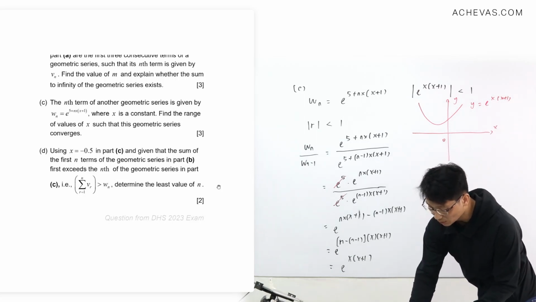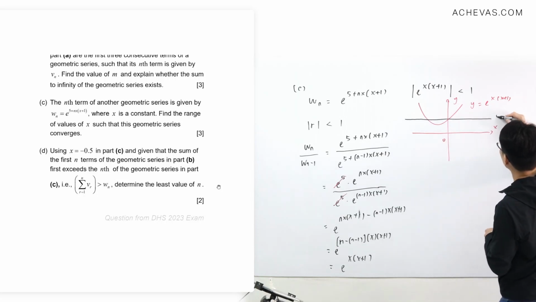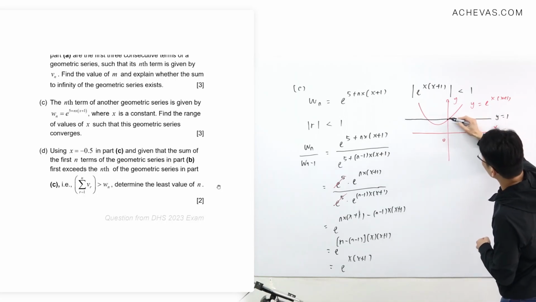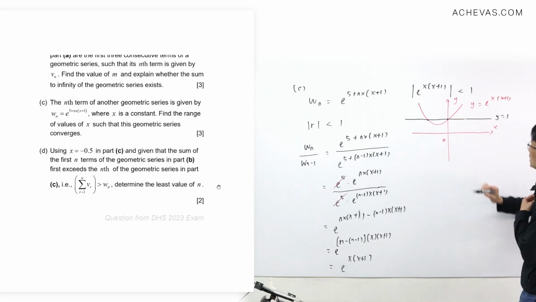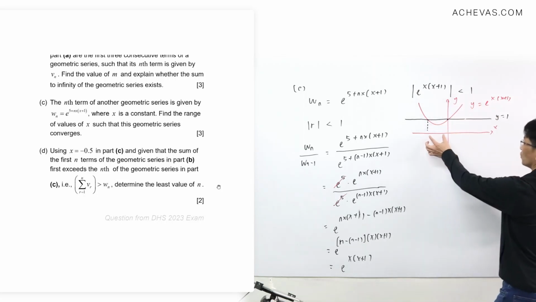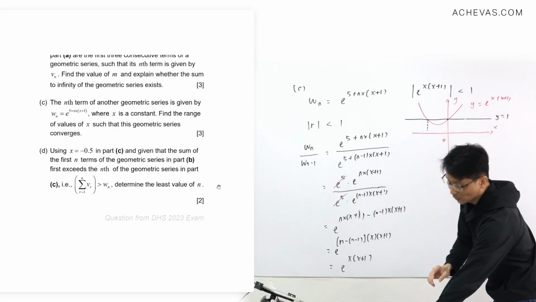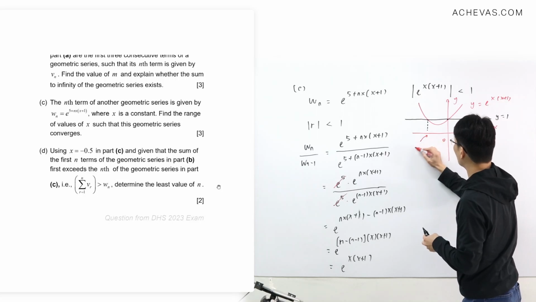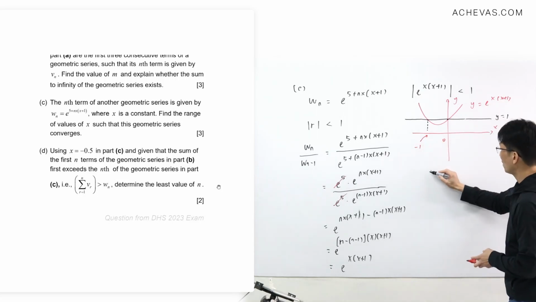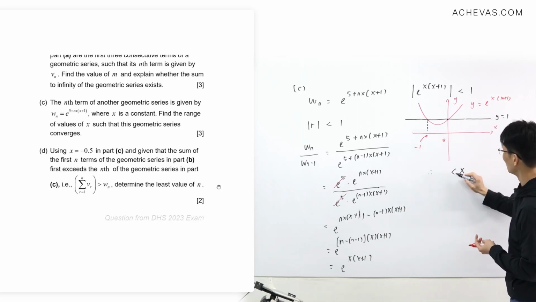And the line y equal to 1 will cut across this portion here. If I want this to be less than 1, that means this is the region that I'm interested in. And from our GC, I can find that this value here will just give me x equal to minus 1. So therefore, the range of values of x that give me a converging series will just be from minus 1 to 0.